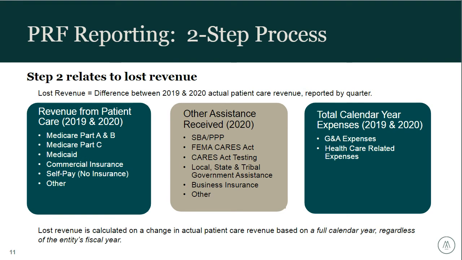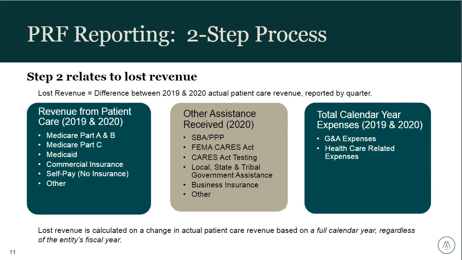Yeah, thanks, Georgia. One thing to keep in mind is that while HHS has given us this definition of lost revenue, being the difference between our 2019 and 2020 actual patient care revenue, the current guidance suggests that we will be reporting this information specifically by quarter of 2019 and 2020.